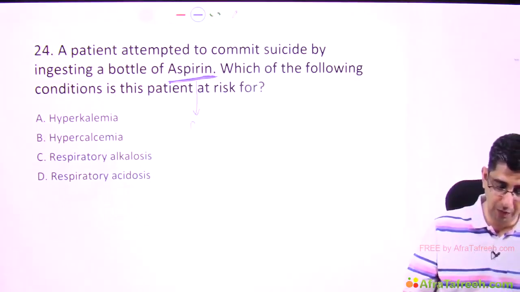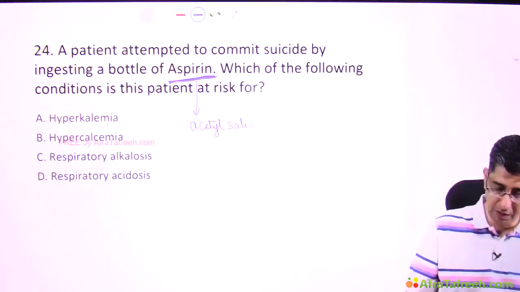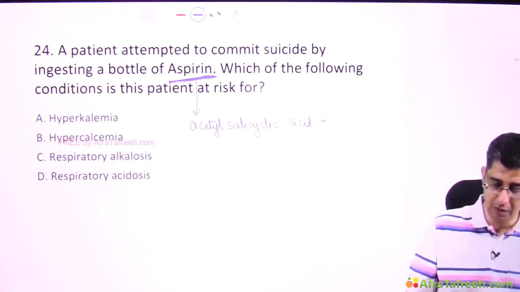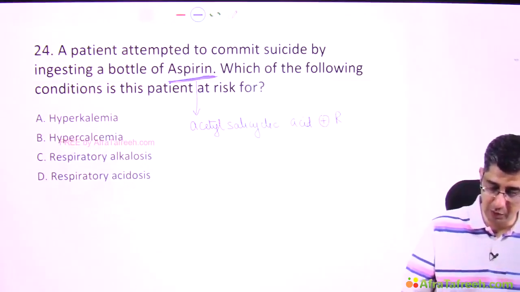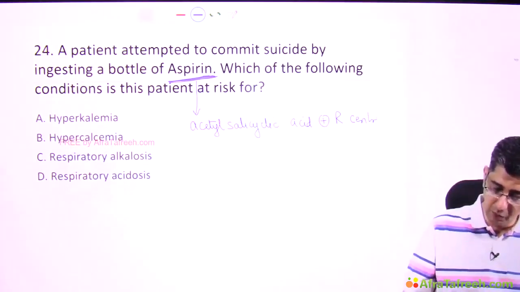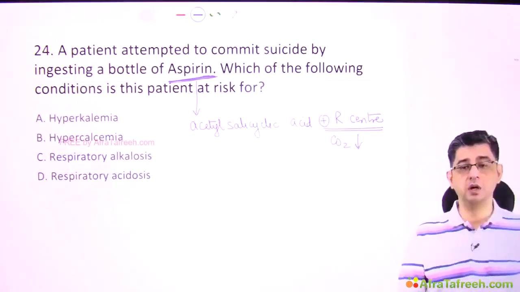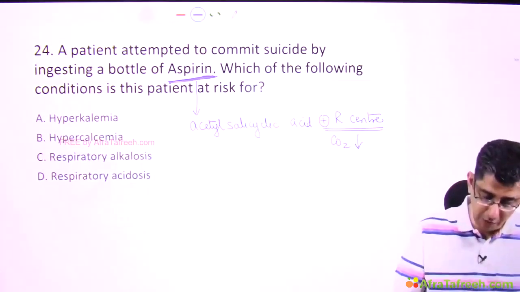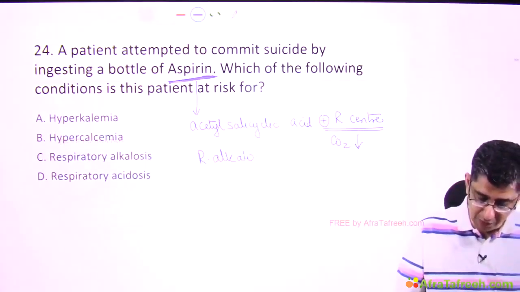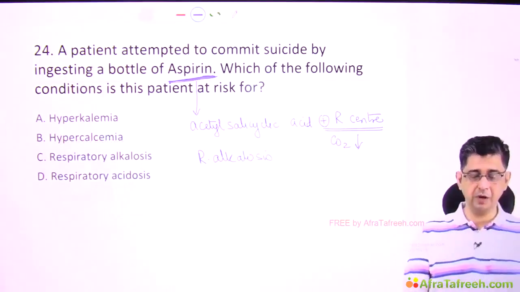There will be development of acidosis in the patient because acetyl salicylic acid will accumulate in the body. Acetyl salicylic acid is a potent stimulus of the respiratory center, because of which this patient will exhibit hyperventilation and carbon dioxide washout will occur in the patient. The derangement that will occur in this patient will be metabolic acidosis with development of respiratory alkalosis.